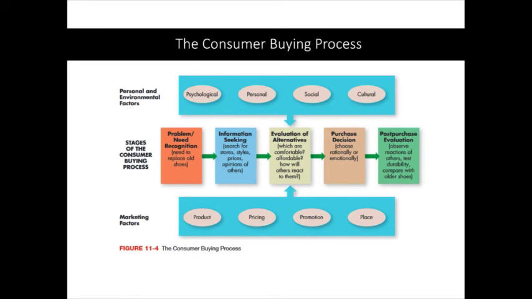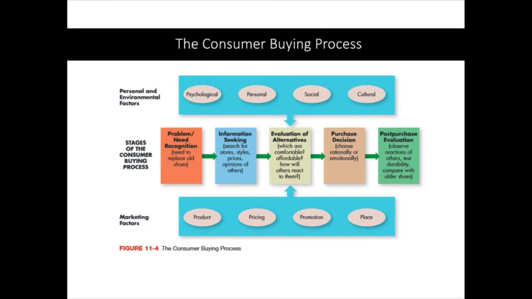Now, if that's simply the stages of the typical consumer buying process, then you begin to see how both personal and environmental factors on the top and marketing factors on the bottom all affect that middle evaluation of alternatives. On the one hand, the top factors, psychological, personal, social, cultural influences, will influence how you evaluate these alternatives.